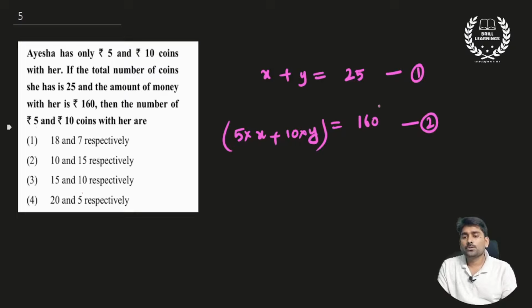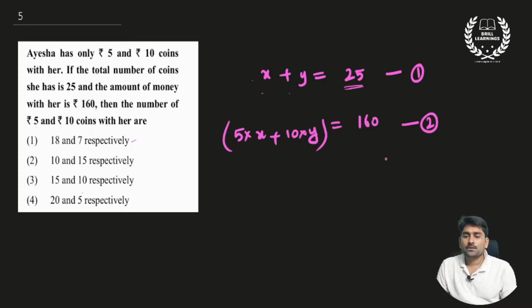If I substitute the first option in the first equation, second option, third option and fourth option, all options will give the same answer, that is 25, LHS equal to RHS. That is why the first equation is of no use. Substitute in the second equation.